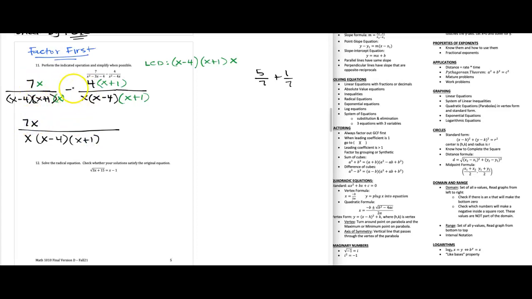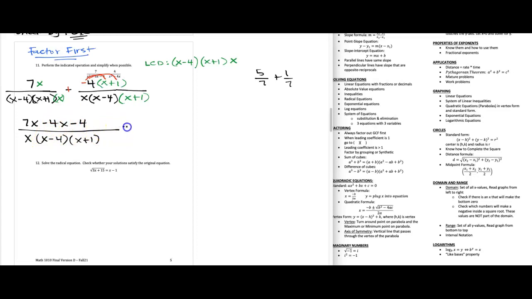And then be really careful with this negative. Sometimes people forget to do that. So I usually tell them to change this to add a negative. Put that negative on that 4 because you're distributing a -4 to both of those, not a +4. So just be really careful with the sign. So that's going to be -4x and then -4.